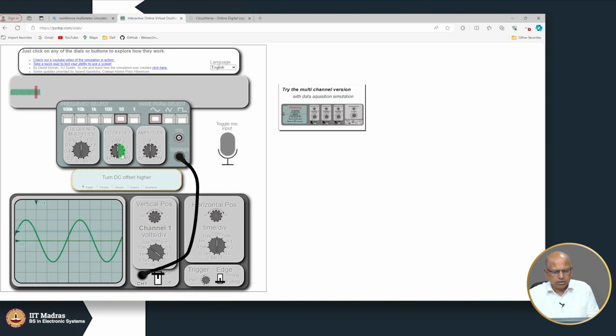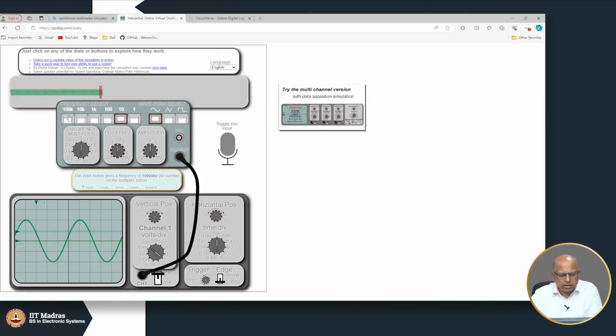So, you can see that it shows how an oscilloscope might look like. There may be different kinds of oscilloscopes, right. So, this is one example. Here is a signal generator. That is another tool that you may end up using in the lab.